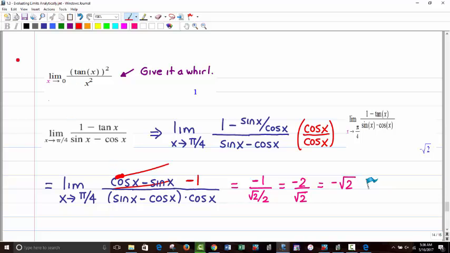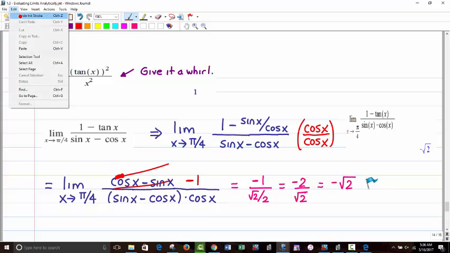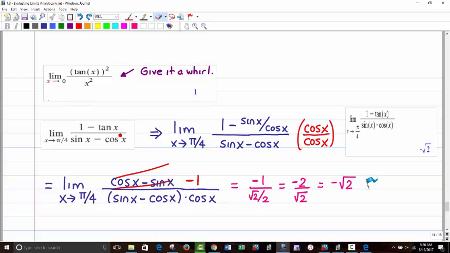Not sure how I end up. Oh, I ended up with 2 of those. And so I have cosine minus sine of x on top, nothing on the bottom other than the cosine of x going in there with it. So this is where we would recognize that those are opposites.